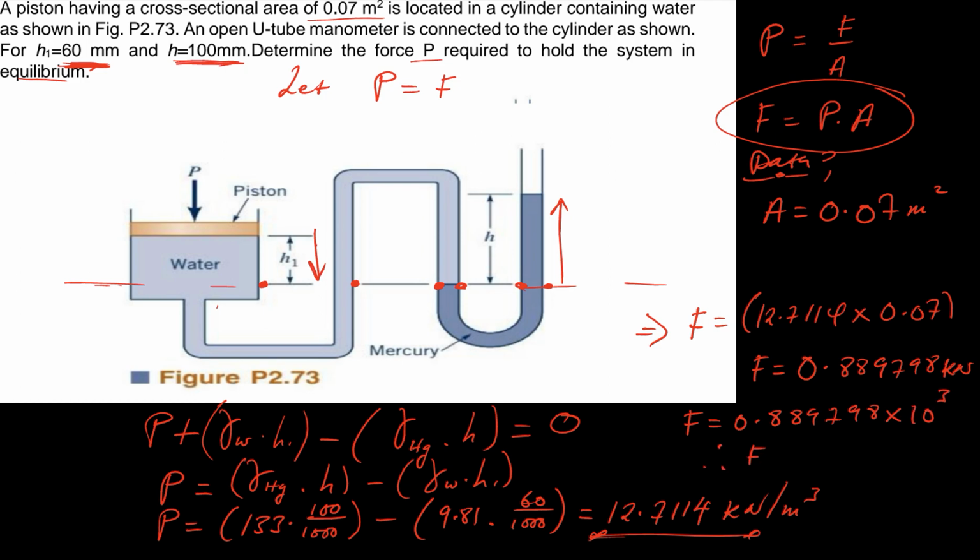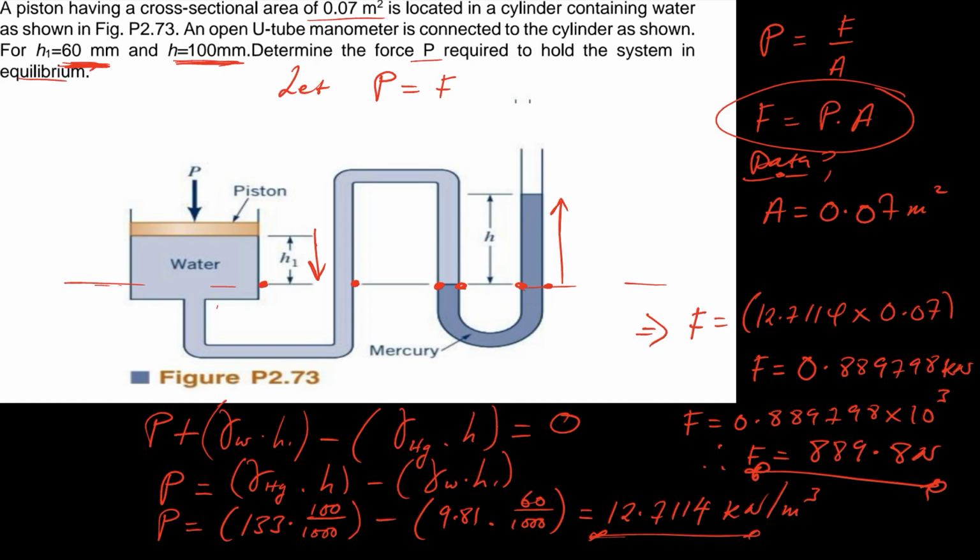Therefore, if we multiply this by 1000 and calculate correctly, we'll be having 889, and if we round off to one decimal point, 889.8 newtons, and this will be the value that we need in question.